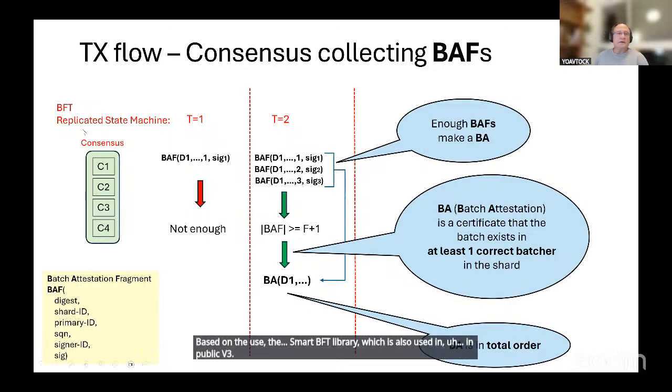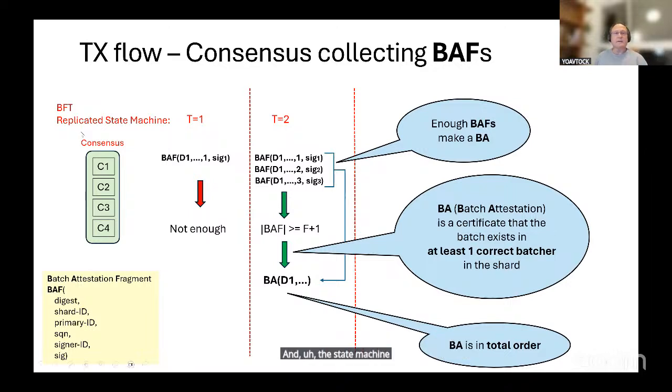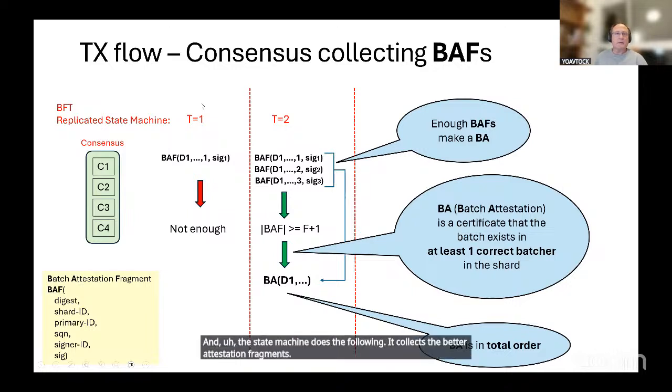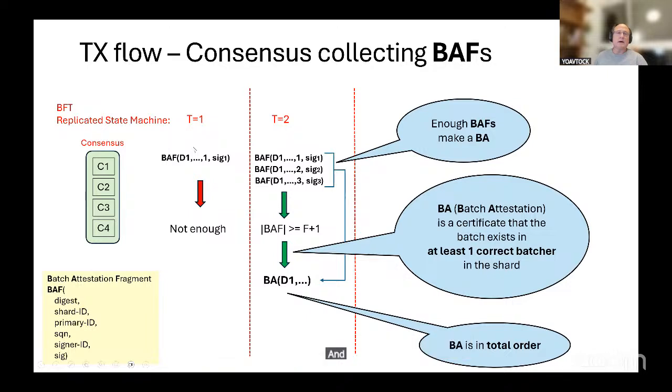And the state machine does the following. It collects the batch attestation fragments and checks whether there are enough of them. Enough means F plus 1. So in the first time slot, we see that there's only one. It's not enough. Nothing happens.